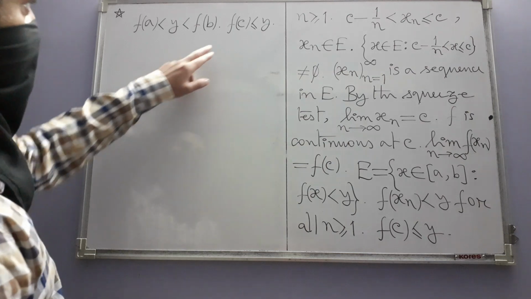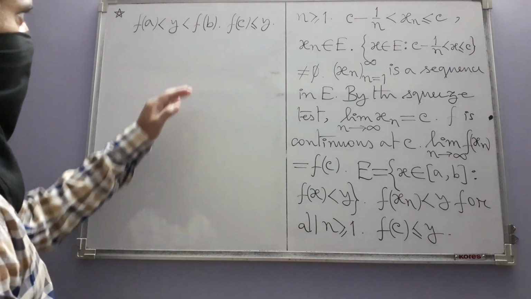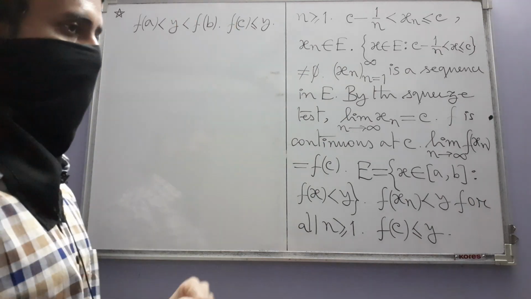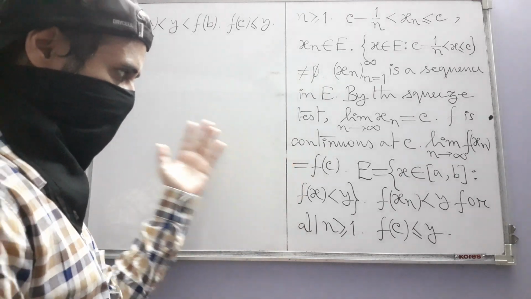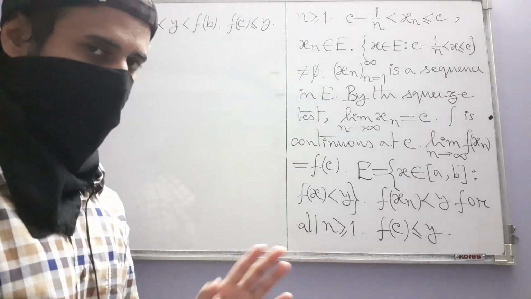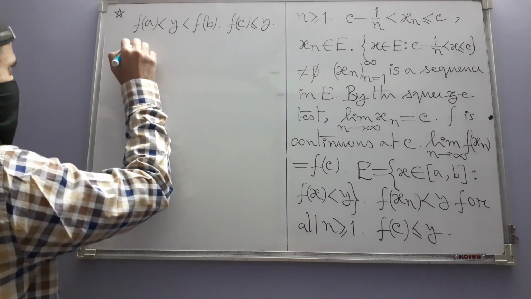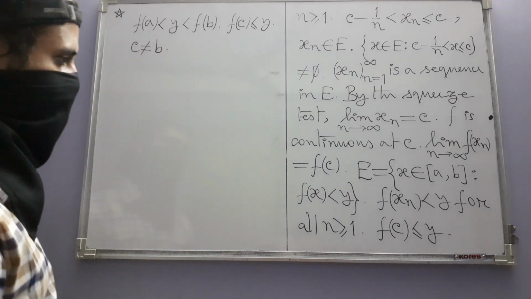So of course c cannot be equal to b, because otherwise f of c would be greater than y as well as less than or equal to y, contradicting the trichotomy of order relation. So that is why c is not equal to b.